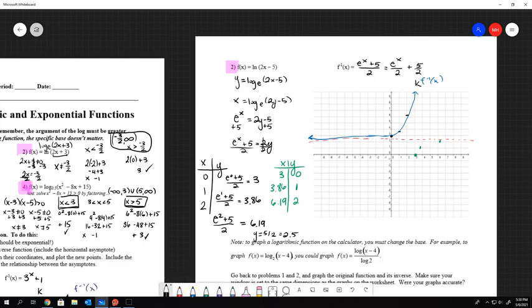In order to find the vertical asymptote, we're going to take our argument and set it equal to 0. And if we solve this by adding 5 to both sides and then dividing by 2, we get that x equals 5/2, which we know is 2.5.